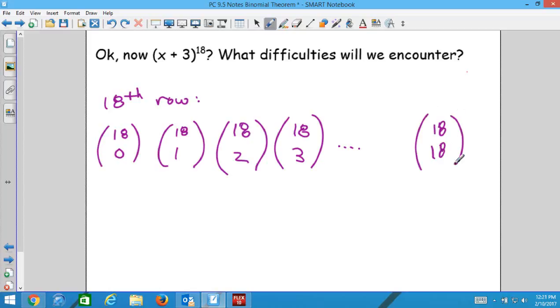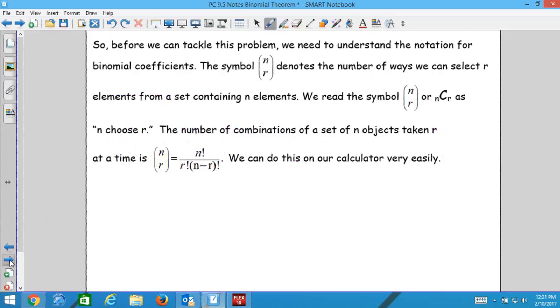I'll show you in a minute. There is a formula at the bottom of the page of how you would find the number. It involves factorials, which is why we reviewed factorials. It does have to do with probability, with the number of ways you can choose different things.